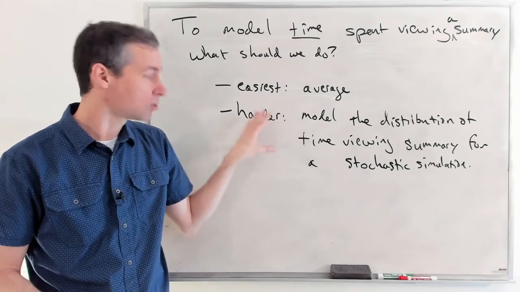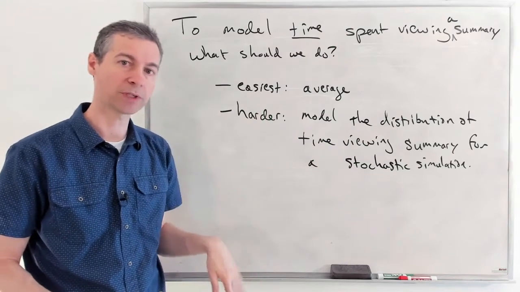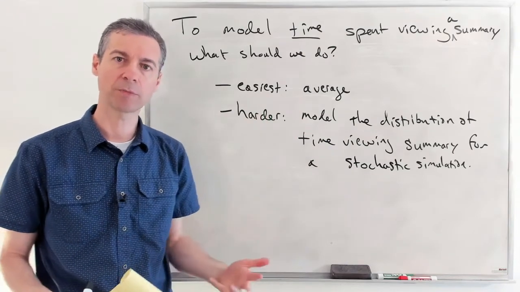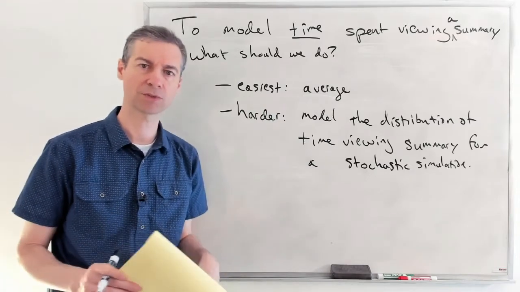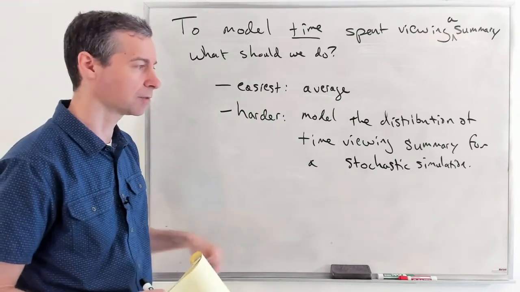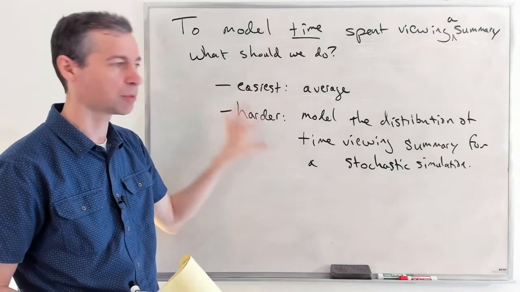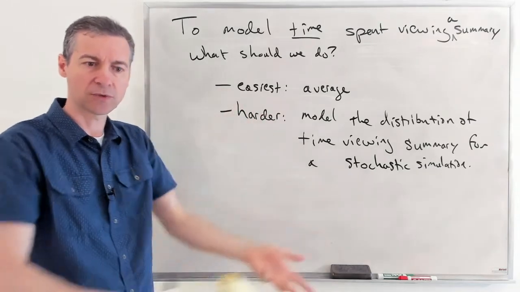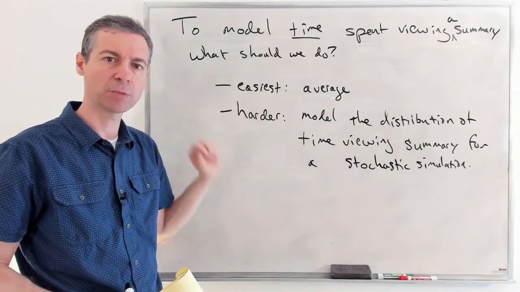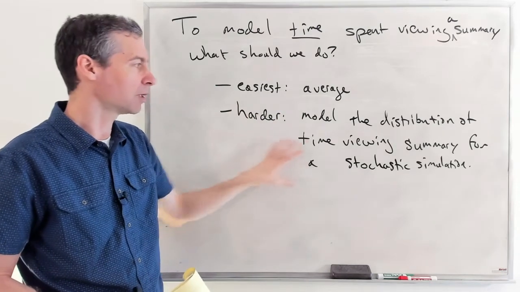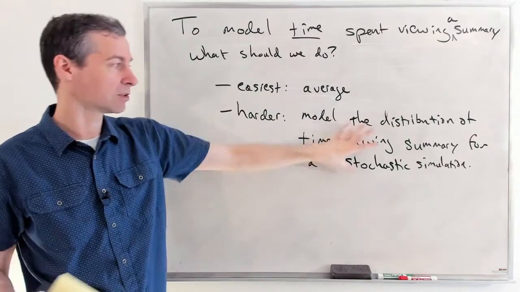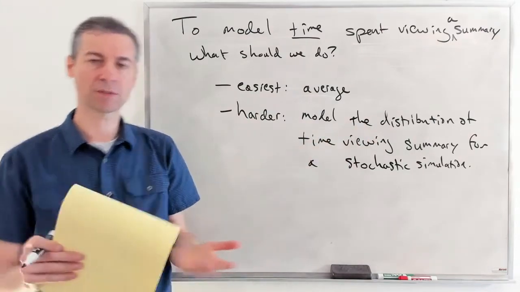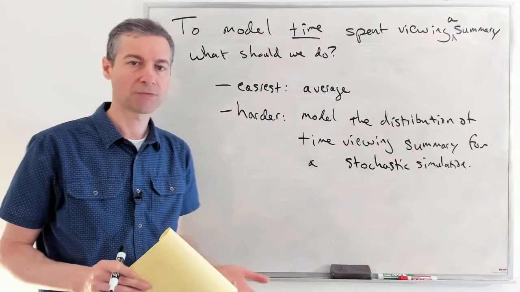And of course, you can even do more and more complex ways of modeling the amount of time people spend looking at summaries. You could take into consideration all sorts of features and other things about these summaries to try to more accurately predict, for a given search engine, how long people are spending looking at this. Certainly, an average completely throws out this stochastic nature that sometimes it'll be longer and sometimes it'll be shorter.